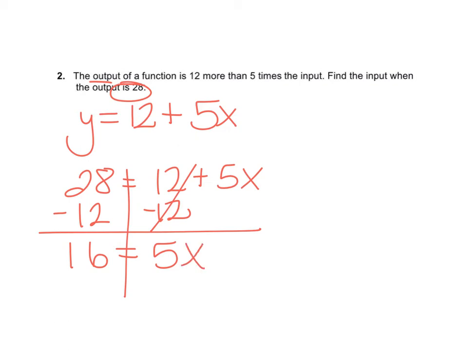All right, so I'm going to finish this by dividing by 5. So I'll take 16 divided by 5. It's going to give me another decimal, so x is equal to 3.2.